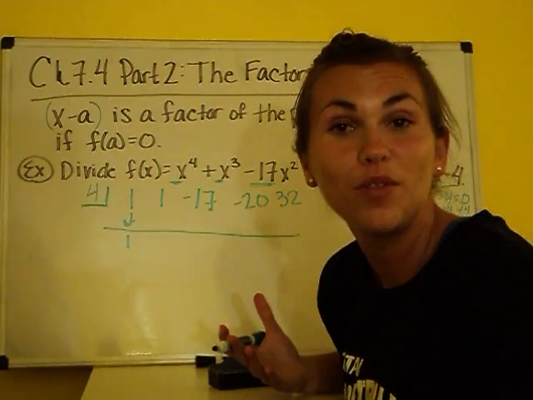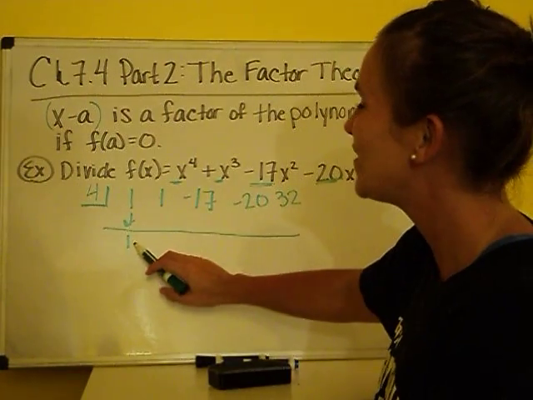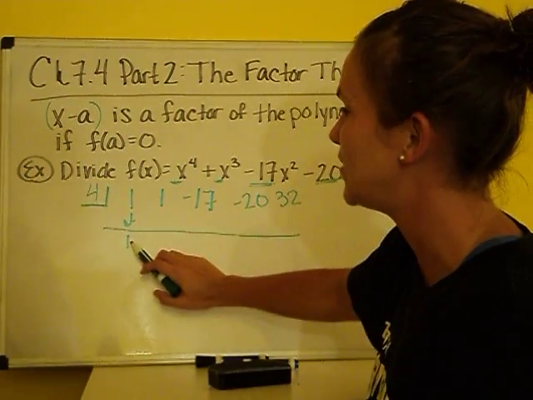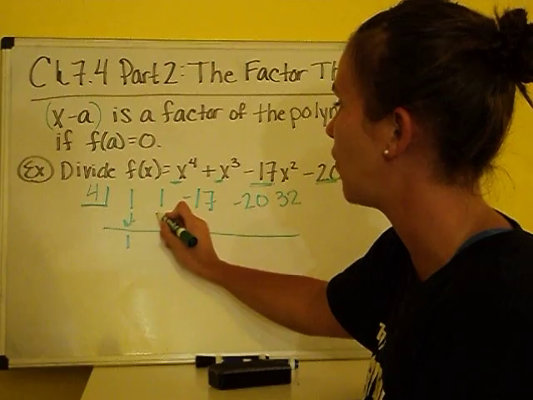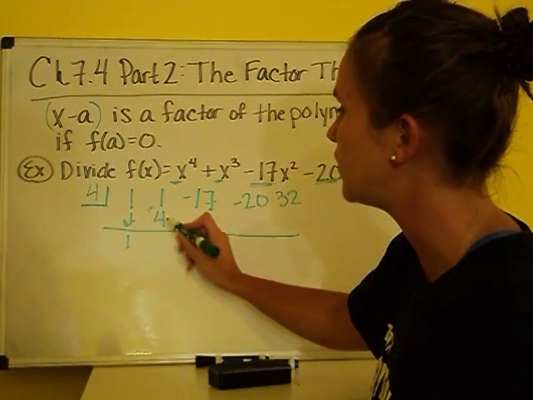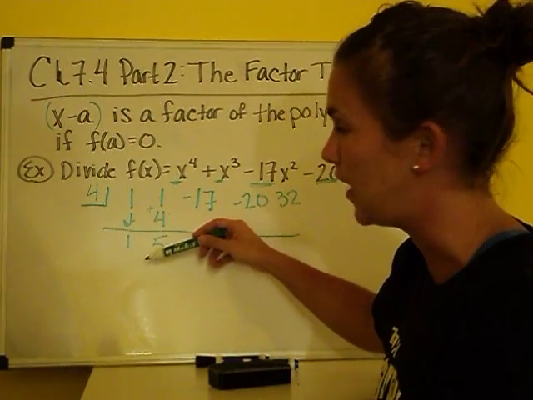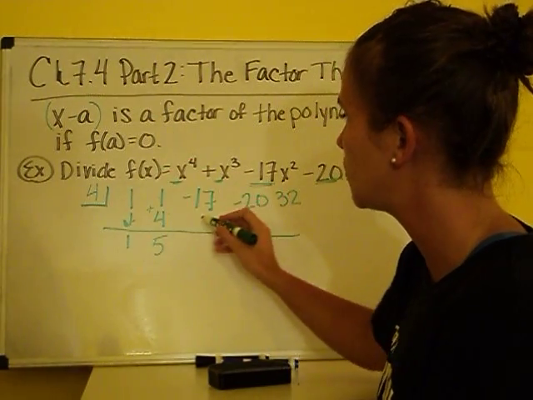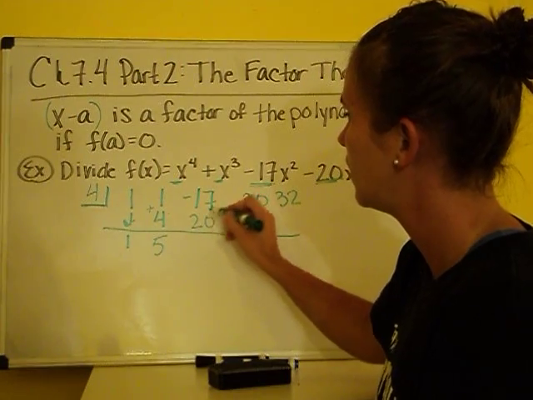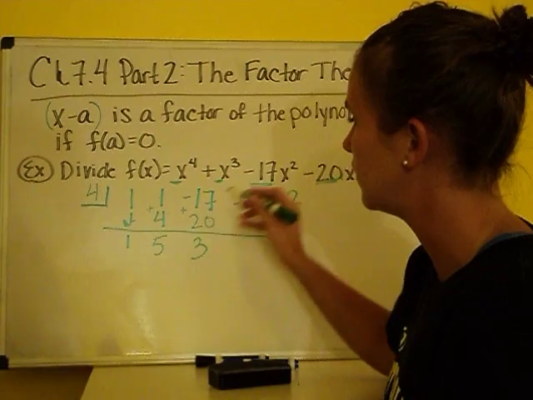Whenever we're below the line, what do we do? We multiply. So we're below the line, so we multiply times here. 1 times 4 is 4. Then we add these two numbers. 1 plus 4 is 5. We're below the line, so we multiply. 5 times 4 is 20. Negative 17 plus 20 is 3.